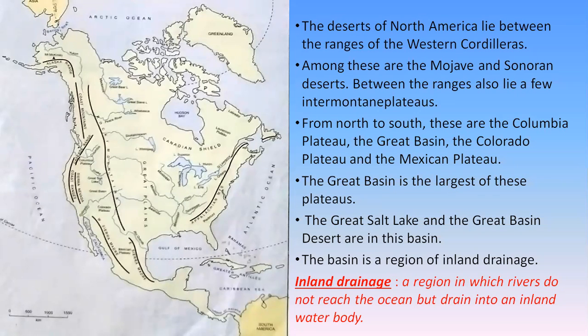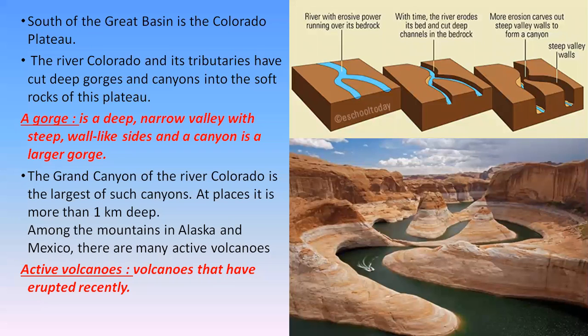We also discussed the intermountain plateaus, plateaus surrounded by mountains, which is why they are called intermountain plateaus. And finally, we found gorges, and how a gorge forms in the Colorado River. We also saw some active volcanoes in the Mexico and Alaskan area.